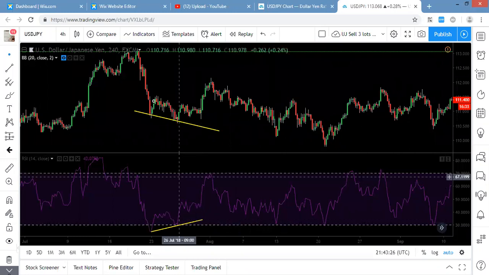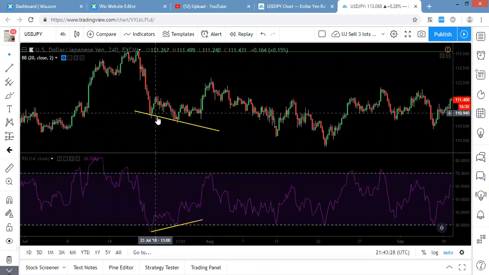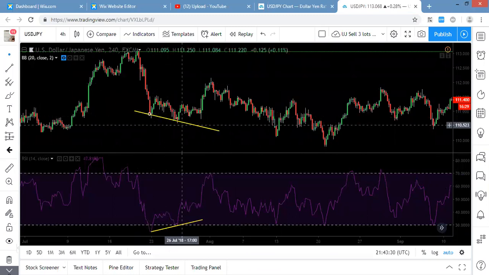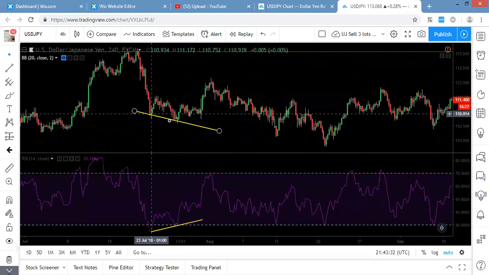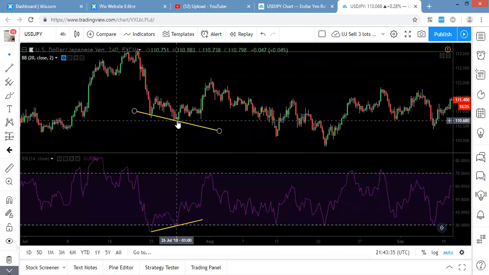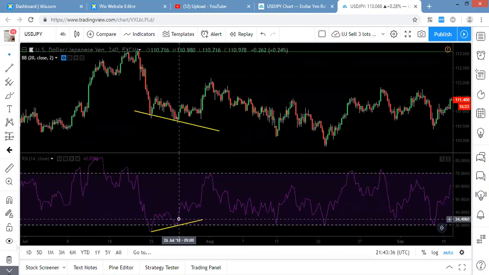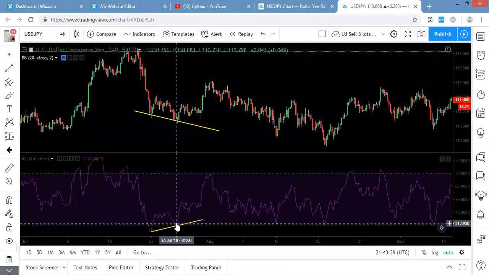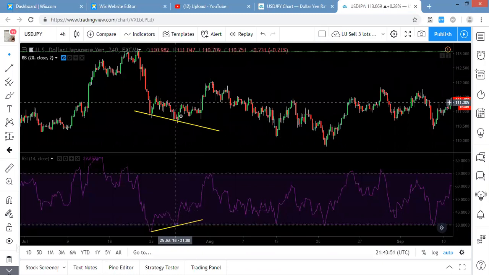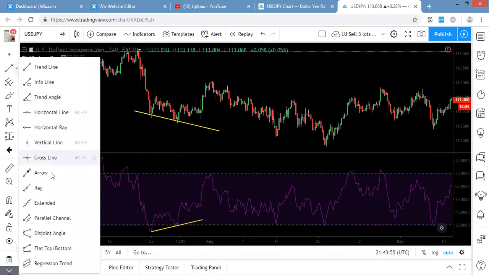So if we're in a downtrend and we're at the bottom of the downtrend and you see this movement here, a nice little double bottom where there's a lower low, but the RSI is giving you a higher high, what that means is bullish divergence, okay? Bullish divergence means that the market should go to the upside after that move.